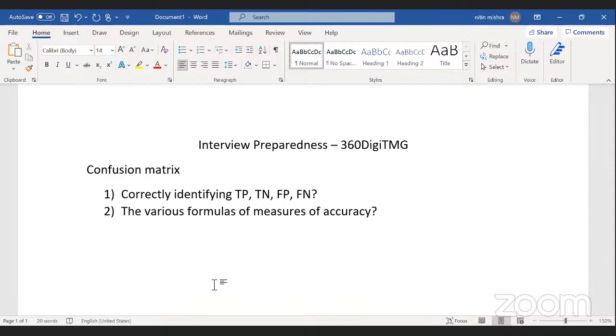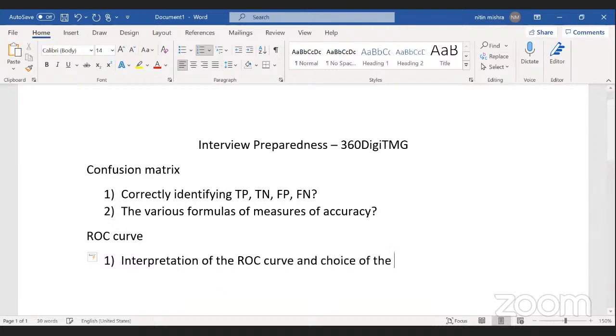Then the extension of the confusion matrix is the ROC curve, and within that, the choice of the optimum cutoff value. Cross tabulation, yeah, that's okay, we can also call it cross tabulation.